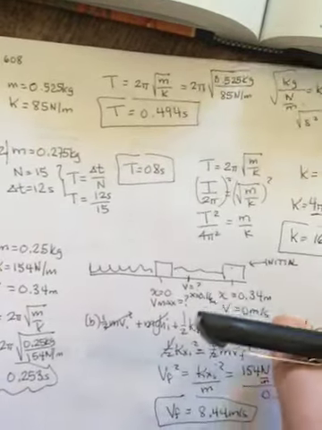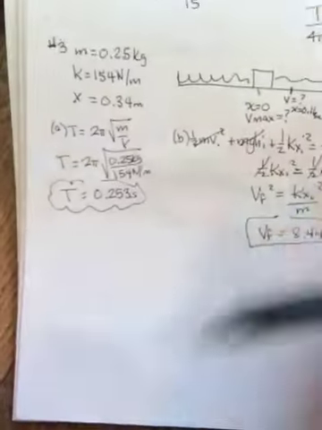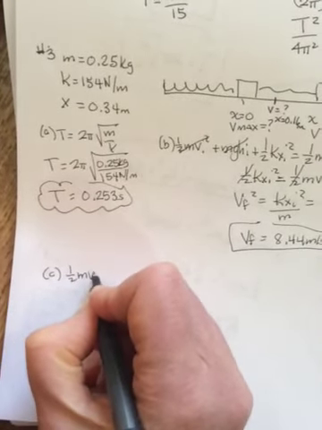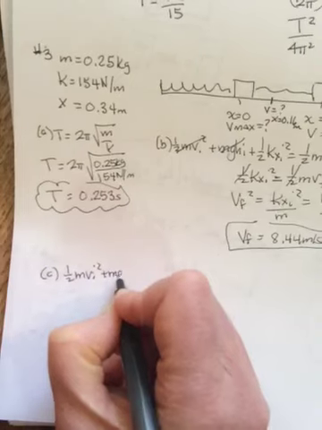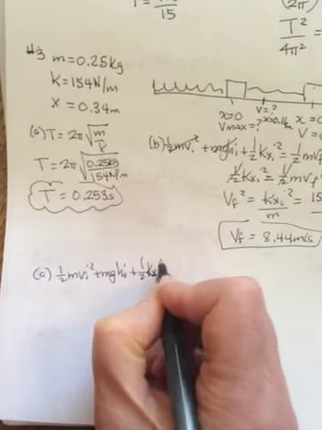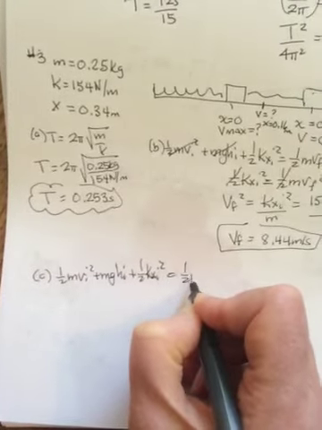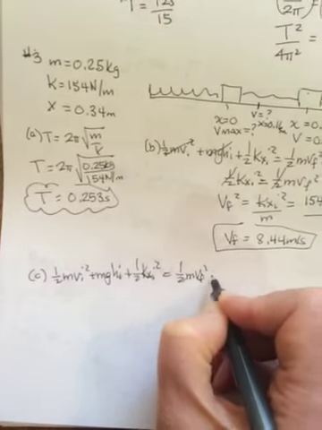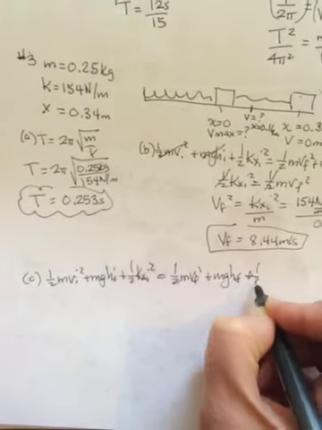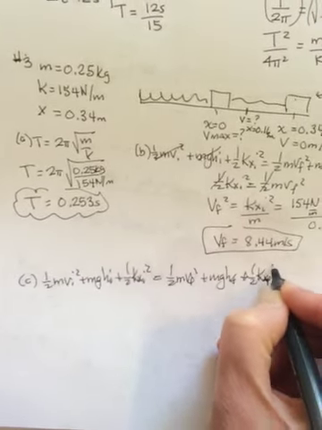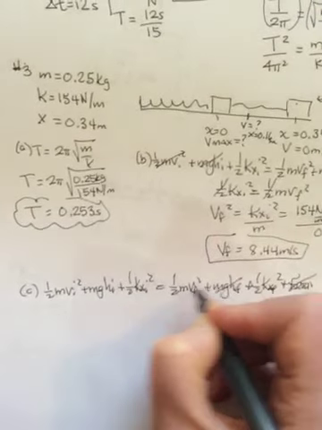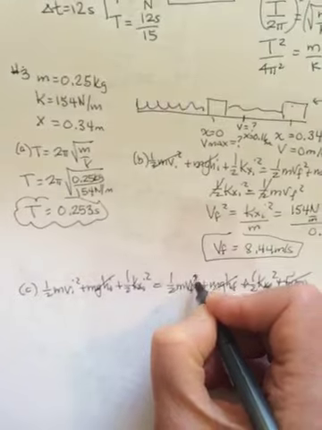So it's going to be conservation of energy again. 1/2 m v initial squared, m g h initial, 1/2 k x initial squared equals 1/2 m v final squared, m g h final, 1/2 k x final squared plus E lost. And still no E lost, no mgh's.